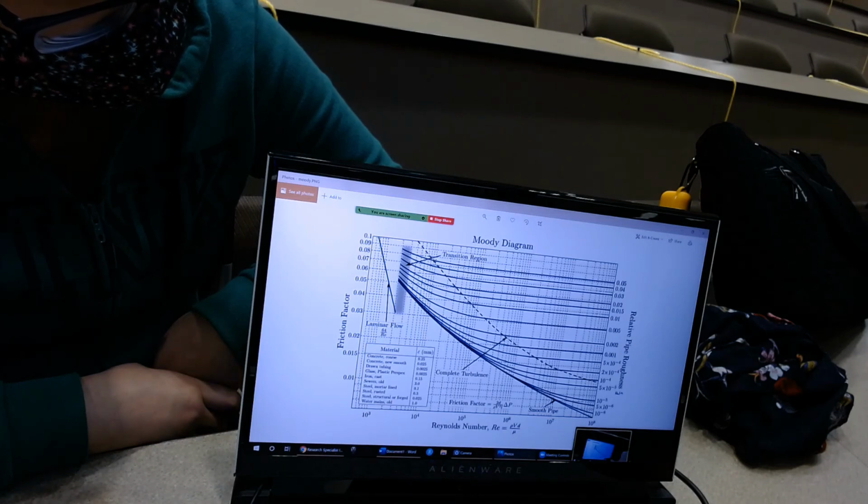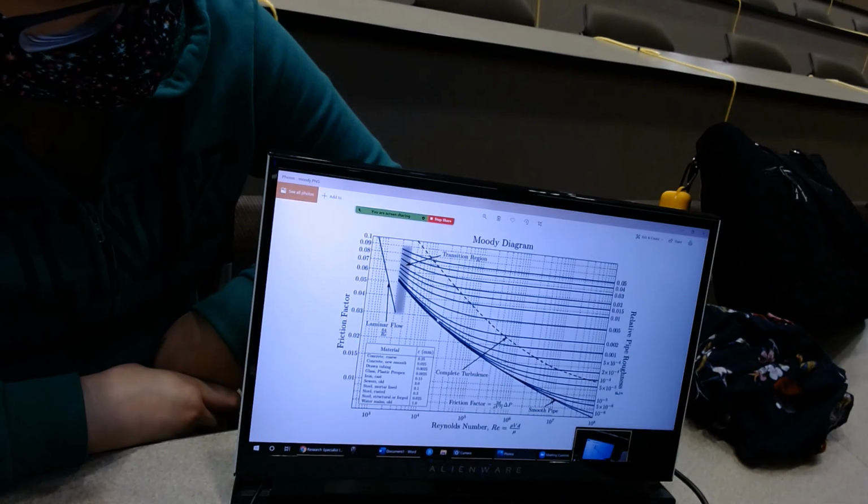We got a friction factor that might have been just a little less, maybe 0.024, but very close to what we came up with the second time, because we were barely into the transition region. If we had gone to lower Reynolds numbers, the friction factor would have increased, and we might have needed another iteration.